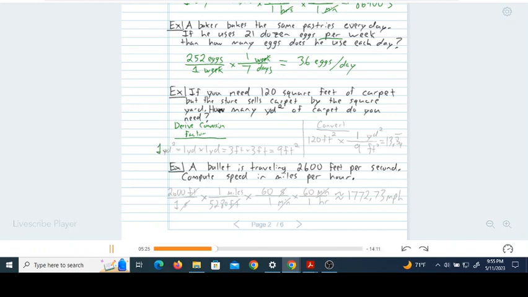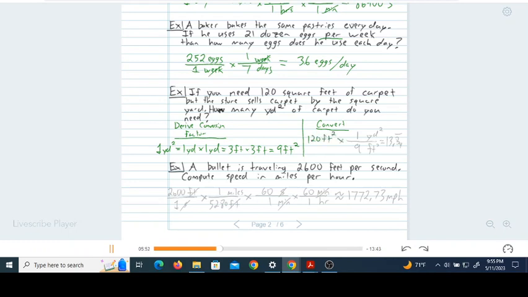Now we know 1 square yard is 1 yard by 1 yard. That's what squaring means. But each yard is 3 feet. So 1 yard by 1 yard is the same thing as 3 feet by 3 feet. And there we have it. 1 square yard equals 9 square feet. So now we can go ahead and do the conversion. We got 120 square feet.